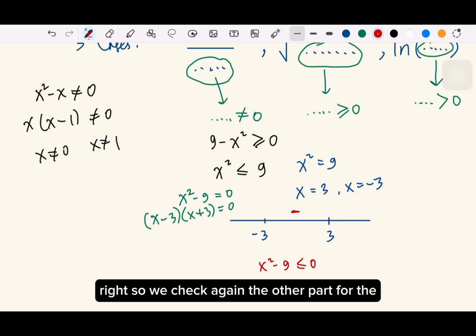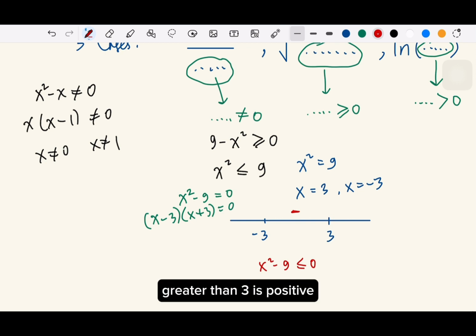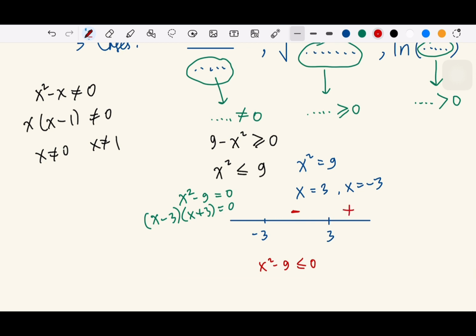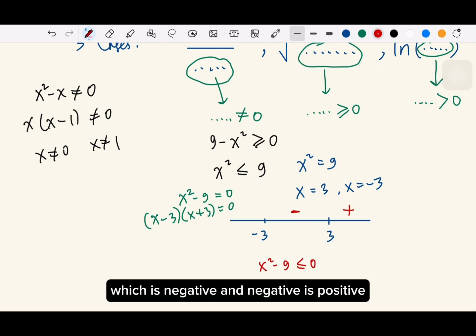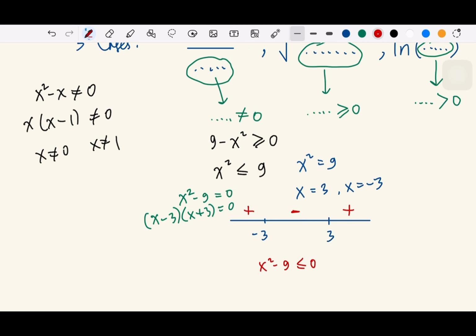So we check the other parts again. For greater than 3, it's positive. And for less than negative 3, we can check negative 4, which is negative, and negative times negative will be positive. So it will be this part.